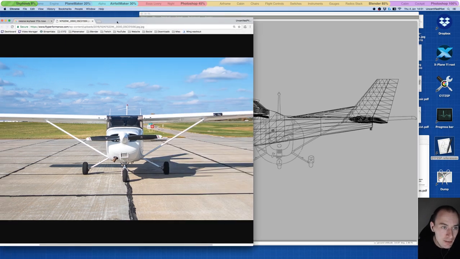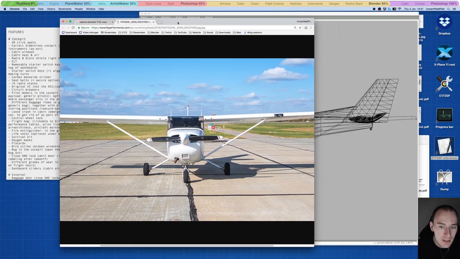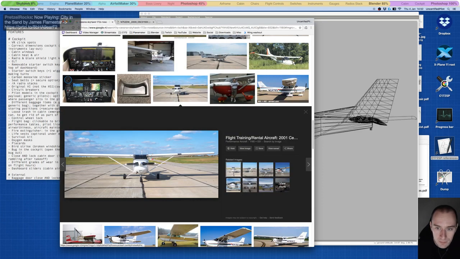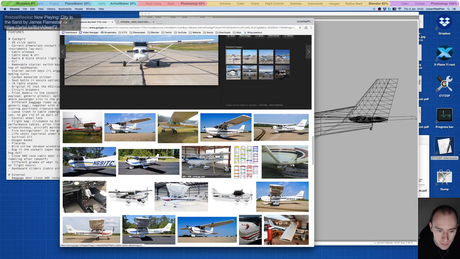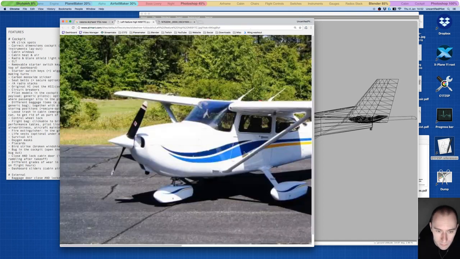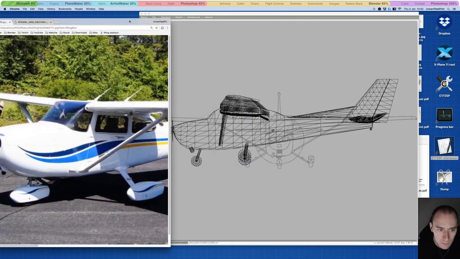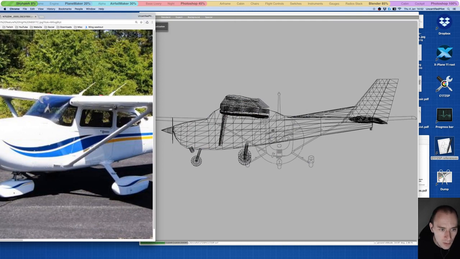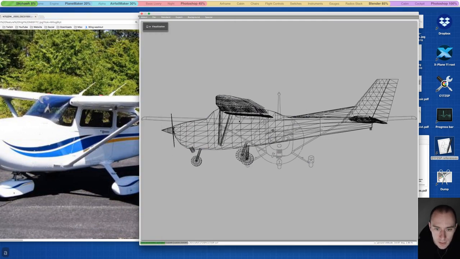Side picture then to have a better sense of how high up it is. No, the other side. Yes. Oh.